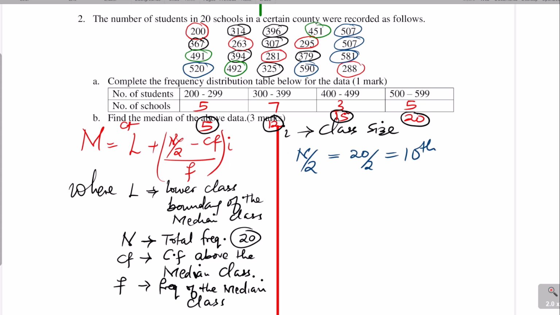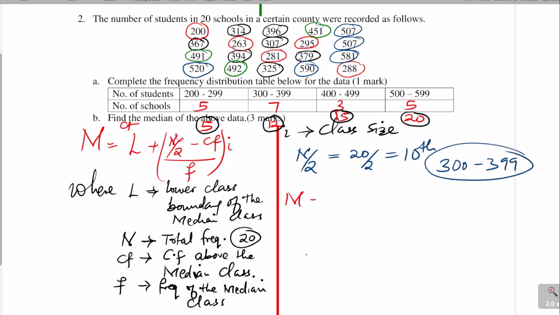The first class we have 5, then the second is 12, so 10 is here, in the class 300 to 399. That is where we have the 10th school. So 300 to 399 is the median class.